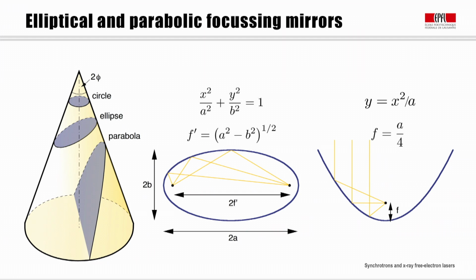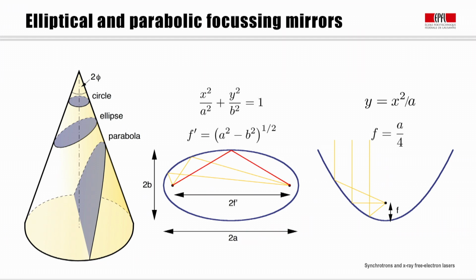Now, consider the symmetrical path between the foci, highlighted here in red. This path subtends the shallowest angle with the ellipse where it is reflected. This angle is equal to the arctangent of b divided by f prime, and needs to be shallower than the critical angle for total external reflection. It is therefore clear that b must be much smaller than f prime by about 3 orders of magnitude.